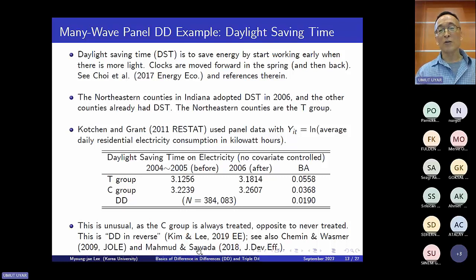And they compare that treatment group with other regions with bridges already. So in that case, the control groups are already treated, as in this example. And DD in reverse will also be addressed, not today, on Monday, in the second lecture.